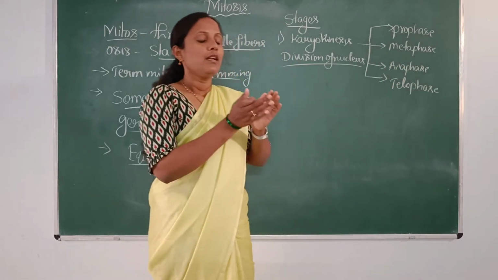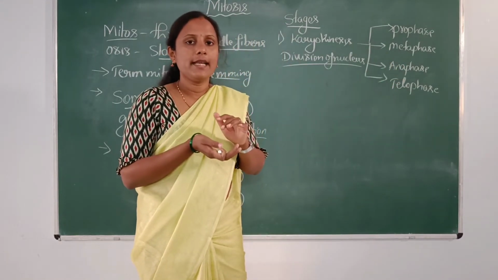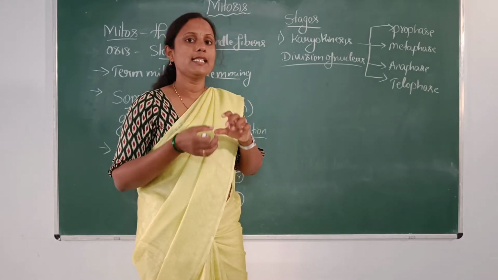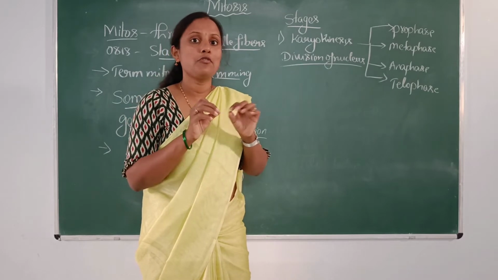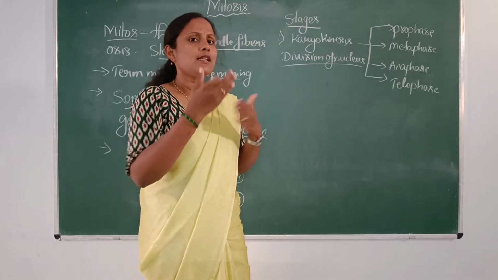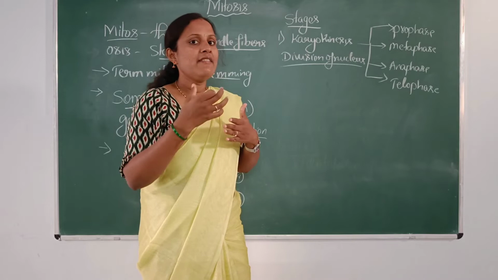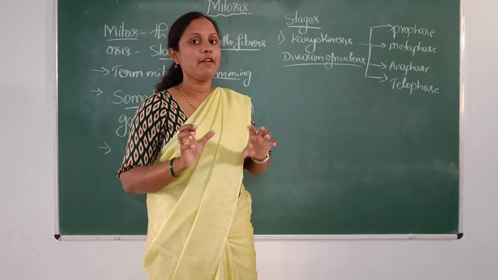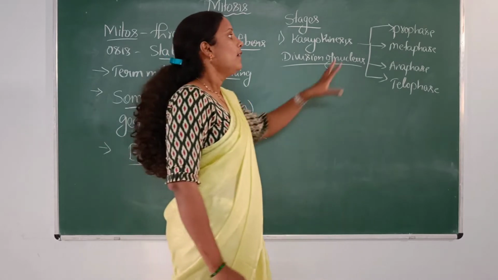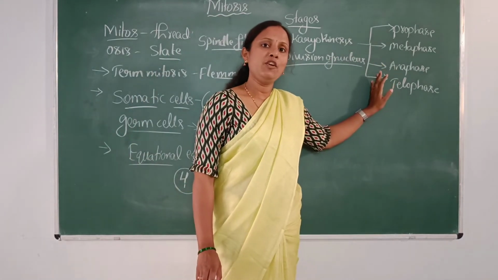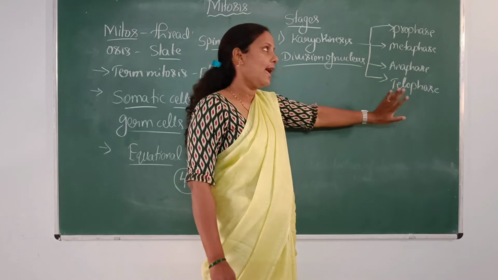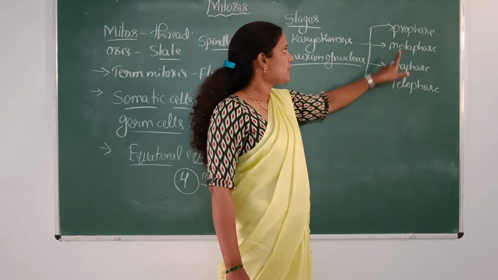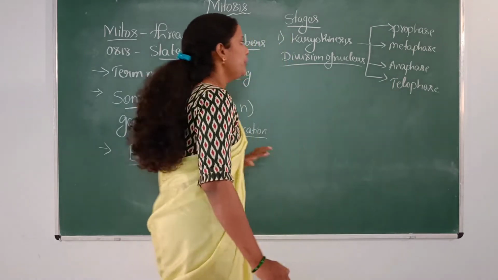That means we cannot say these are the strict events which take place in prophase, and these are the strict events which take place in metaphase. So the events in the phases may overlap, but for the sake of study, for the sake of understanding, they are classifying the karyokinesis into 4 phases as prophase, metaphase, anaphase, and the telophase. We shall take up them in detail further.